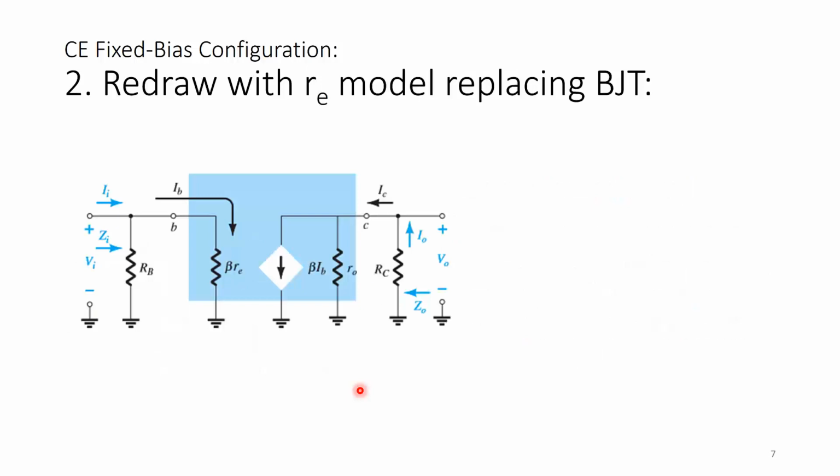Okay, so now we're redrawing it. We're replacing the BJT with the RE model. We covered this last lecture as well. So the BJT has an RE model which consists of beta RE, beta IB, and R out. RB and RC connected to ground is just as in the previous circuit that we had redrawn, and the two-port network parameters, which are I in, Z in, and V in, and I out, V out, and Z out.